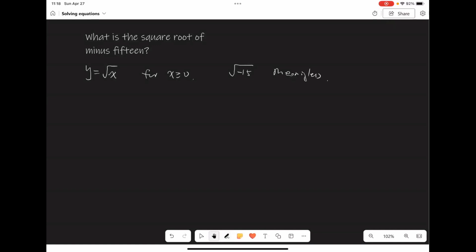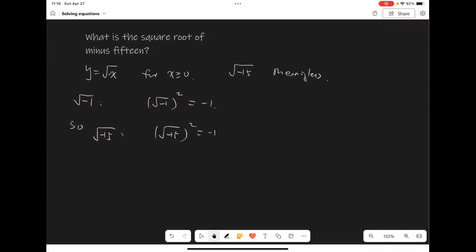However, historically, the square root of minus 1 is introduced to represent the number whose square equals minus 1. Therefore, the square root of minus 15 also represents the number whose square is minus 15.